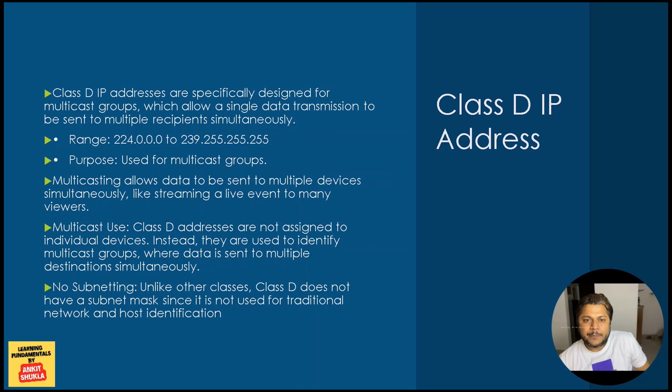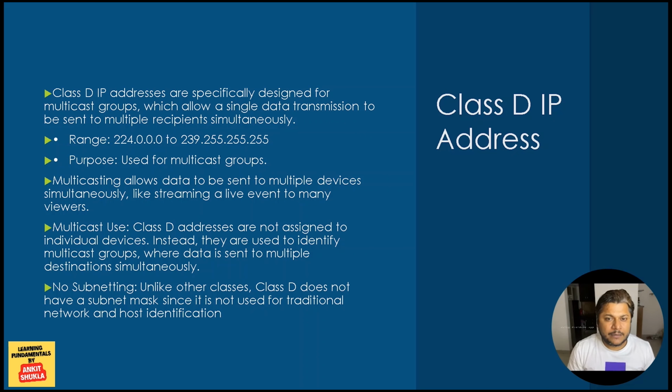For examples of a Class D IP address, first we have to talk about the ranges. The range is 224.0.0.0 to 239.255.255.255. The example could be 239.192.0.1.